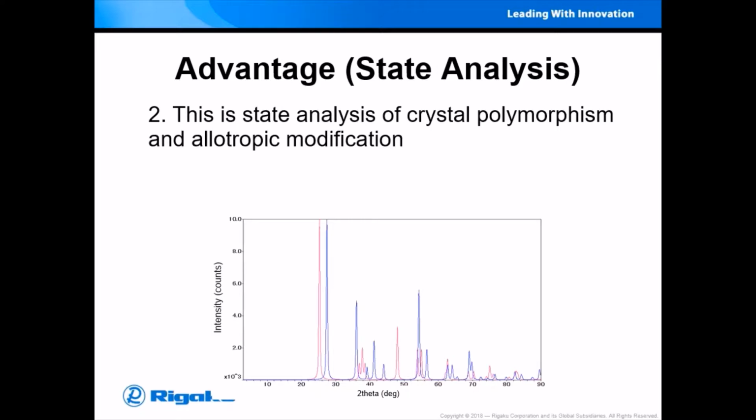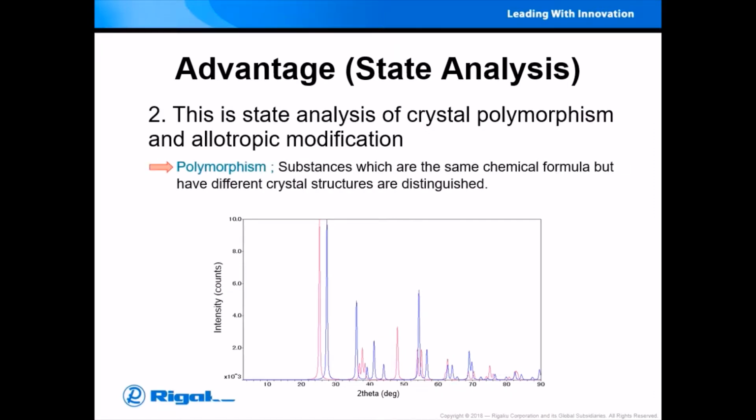The second advantage is to distinguish each form of crystal polymorphism of chemical compounds and each form of allotropism of elements through state analysis. At first, I'll explain polymorphism, which is the ability of a solid material to exist in more than one form of crystal structure.